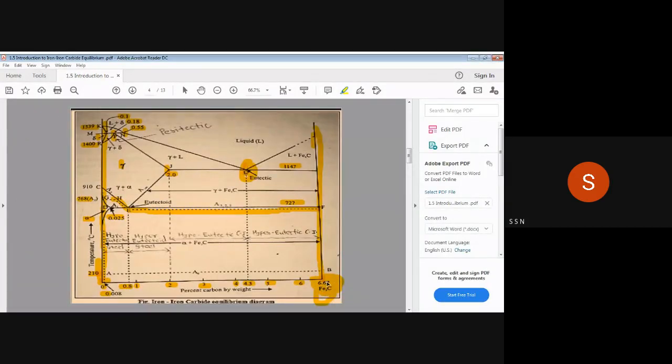Because see here, if you are adding some solute inside the solvent, as you know from solid solutions, which we have seen in the first or second lecture, there may be some point at which that solution will become saturated.